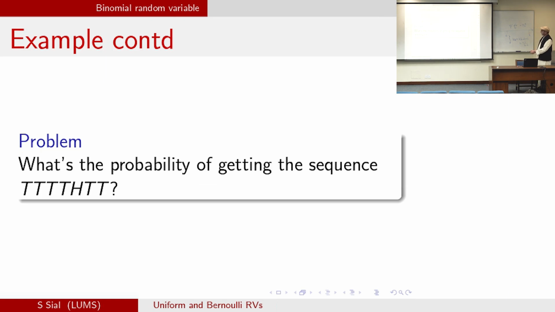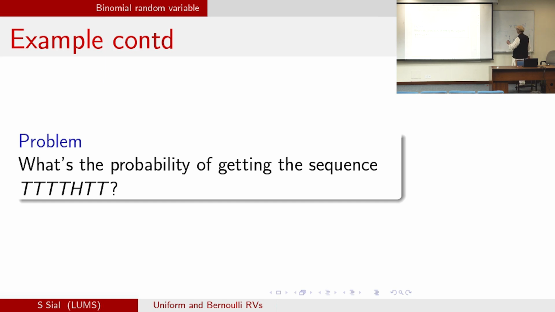What's the probability of exactly this sequence? Again, coin tosses are independent, so the probabilities can be multiplied, right? Probability of A and B, A intersection B, is probability of A times probability of B when A and B are independent.